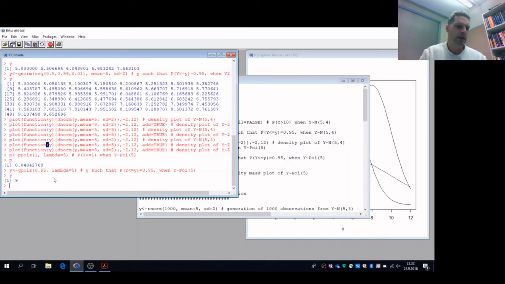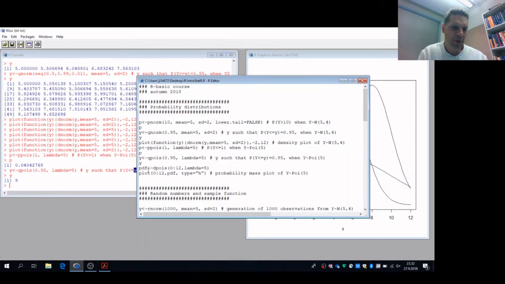It actually tries to find the closest integer, the smallest one which fulfills this probability at least.